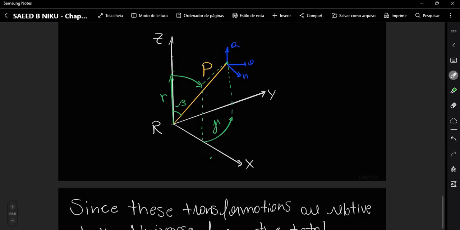So the total transformation is again what this end effector is going to be at the end of the task. So the total transformation is a transformation of the P frame in relation to the R frame. So right here we have just written our first transformation.